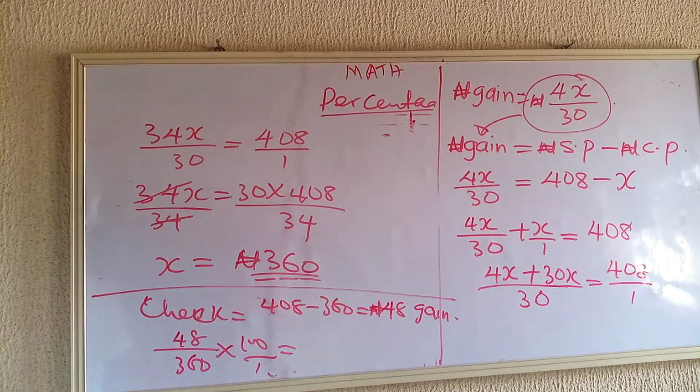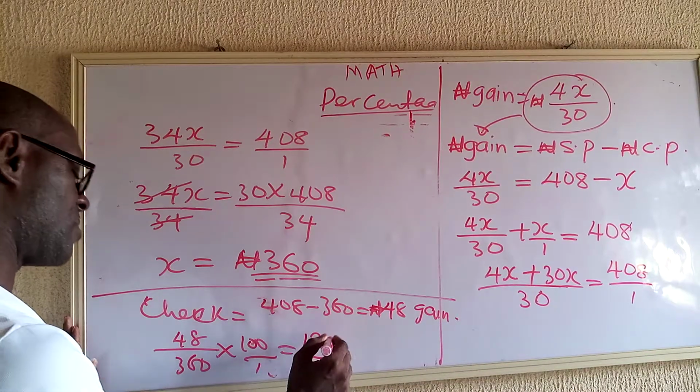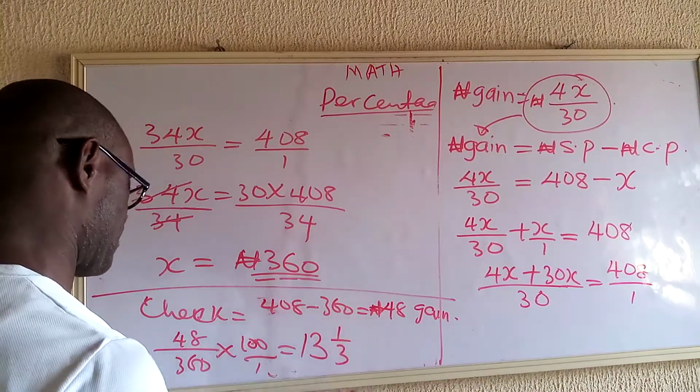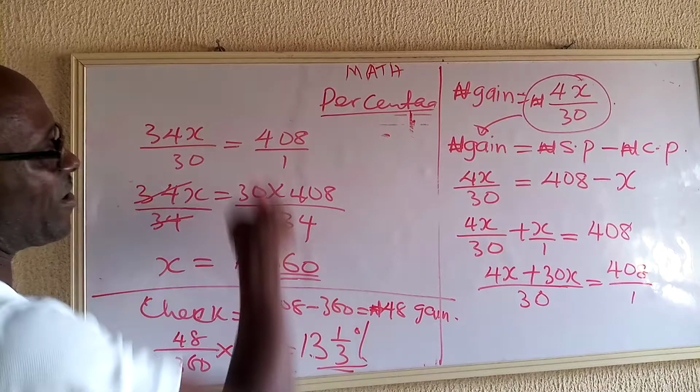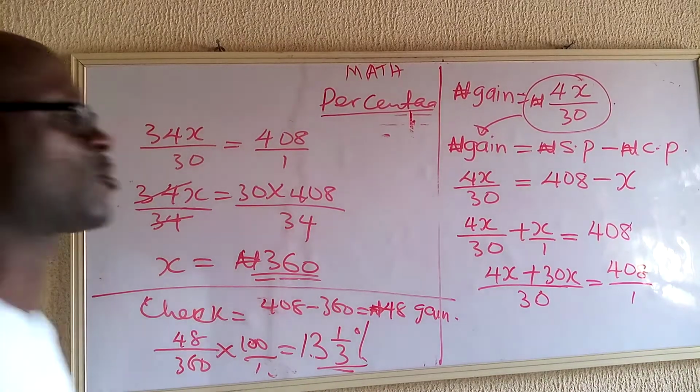If you go and check it, the calculator will give you 13.333, because 1/3 is 0.333. Yes, 13.333. So you can see that's 13 and 1/3, which is the confirmation of what you are given in the question. So that's how to check in case you are in doubt.